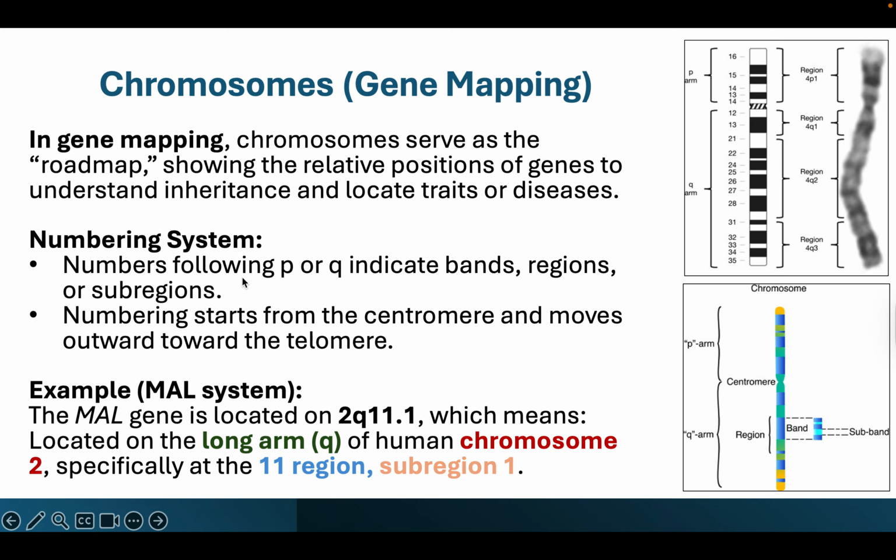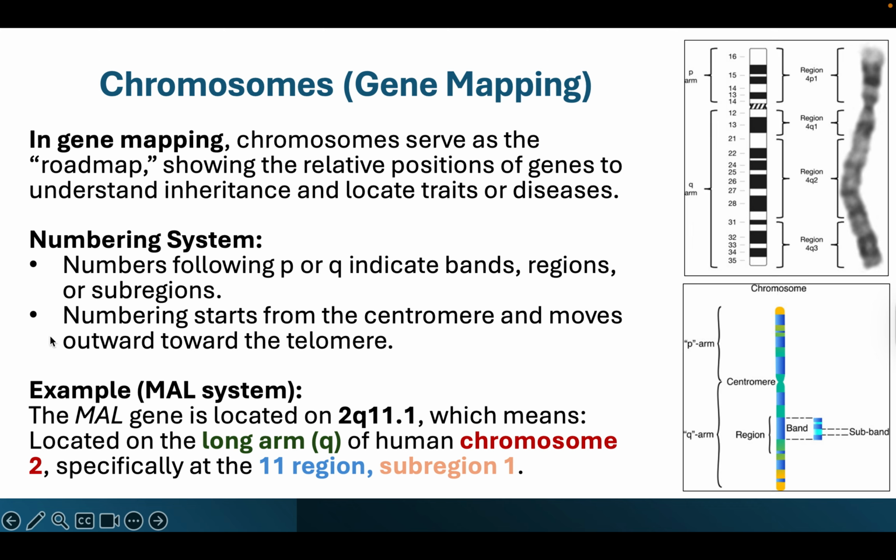Numbering system: the number following the P or Q indicates the band, region or subregion. Numbering starts from the centromere and moves outward toward the telomere. I hope the arrow appears now. So the numbering starts from the centromere up and from the centromere down.